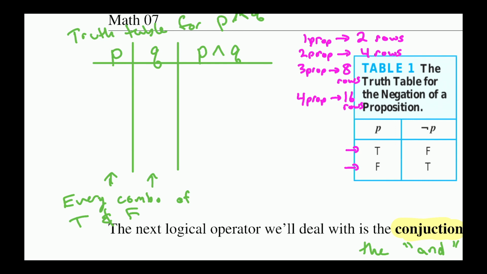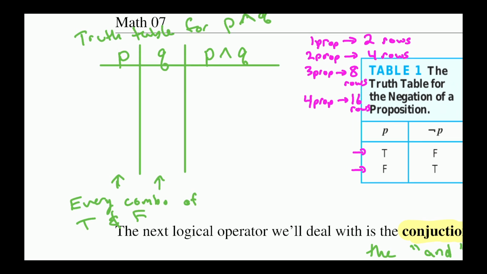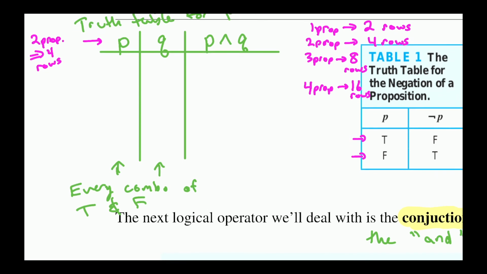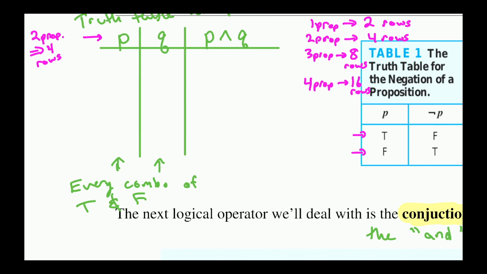And so when I'm doing 2 here, I know that with 2 propositions, that should be 4 rows of my truth table. So you say, okay, I need 4 rows. And so for P, I know that 2 of them should be true and 2 of them should be false. So you go 2 true, 2 false. And then for the Q, 2 of those should be true and 2 of those should be false.